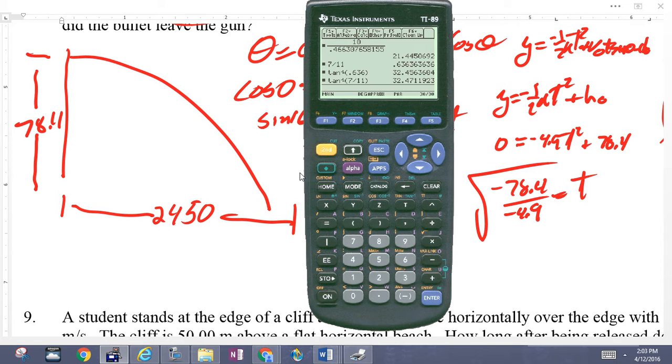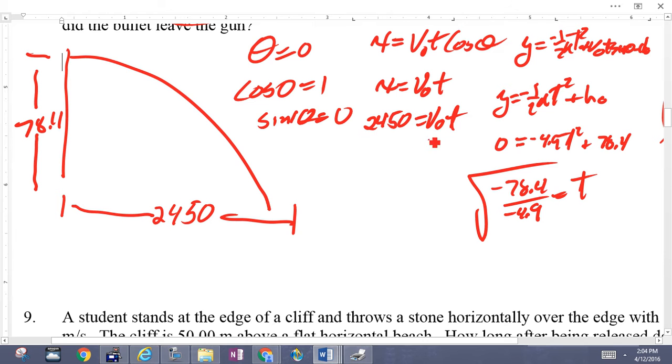So the root of 78.4 divided by 4.9, I just took care of negatives right there. Okay. And that is going to give me my time, which looks like, how about that? Exactly 4 seconds. Okay. Which is then going to come over here.